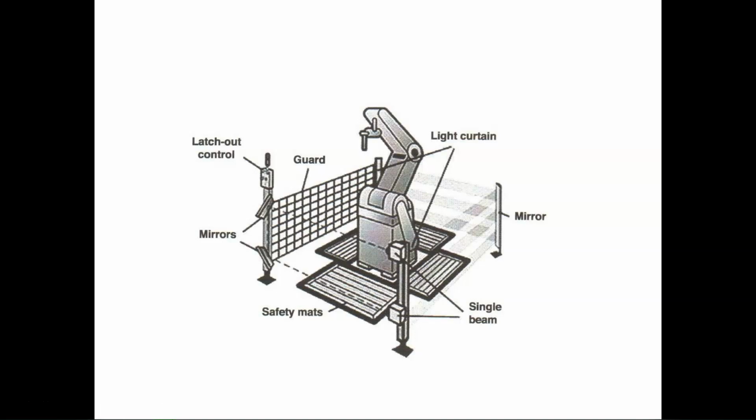Second, you have light curtains, or some sort of light beams that are crossing back and forth, so that if you break that beam, it knows you're there and it can't go forward. Okay. You have latch out controls. Any questions on any of those? Like I said, the most common you're going to see is an actual physical metal cage around the robot, and that just keeps any and all intruders from coming in and getting themselves in trouble.